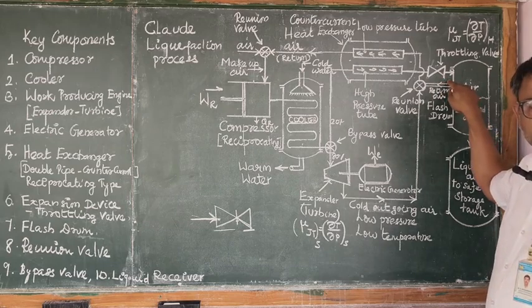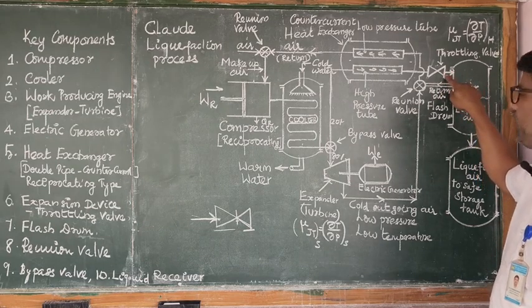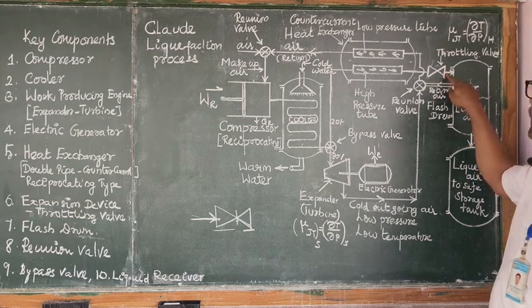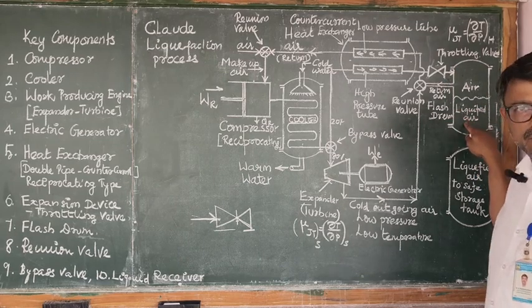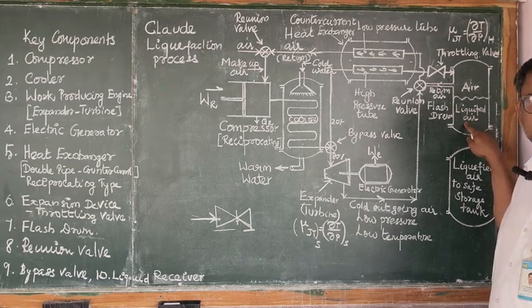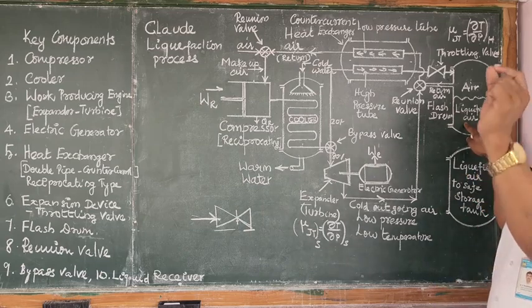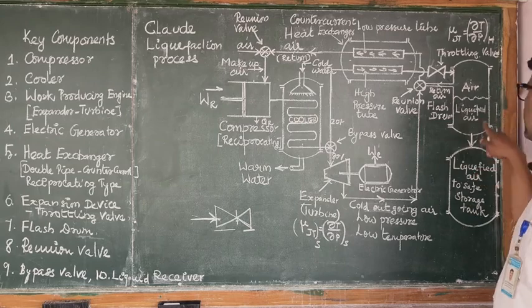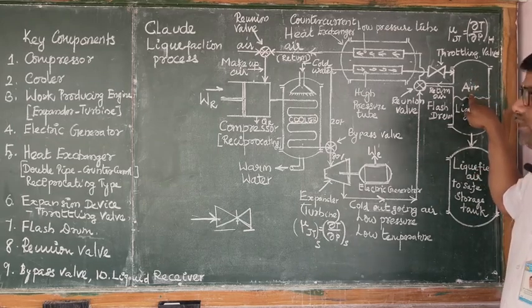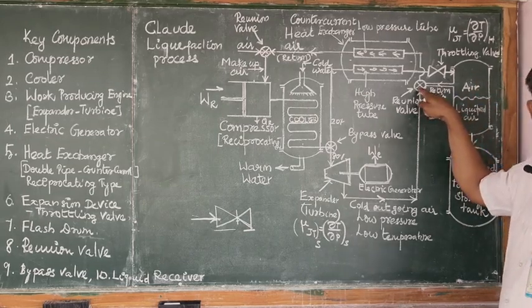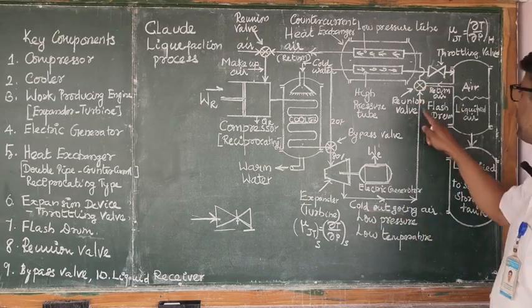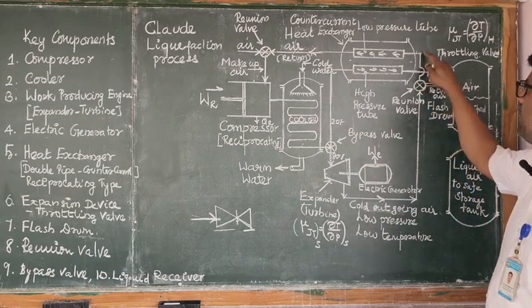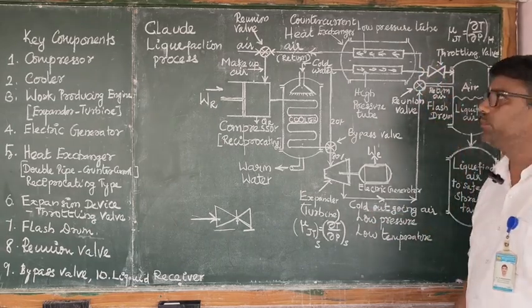The liquefied and unliquefied air, a two-phase flow, enters the flash drum, which separates the liquefied air from the unliquefied air. Liquefied air is fed into the safe storage tank. The unliquefied air at low temperature is reunited with the cold outgoing air and fed to the low pressure tube.